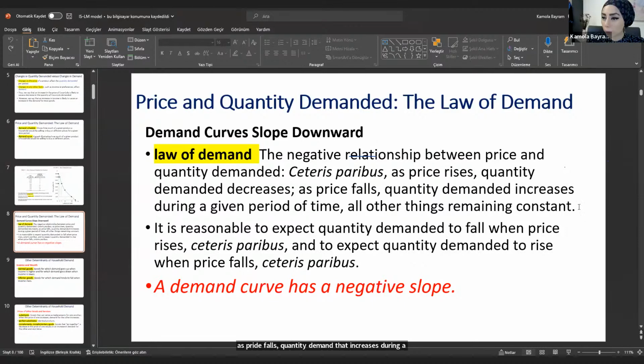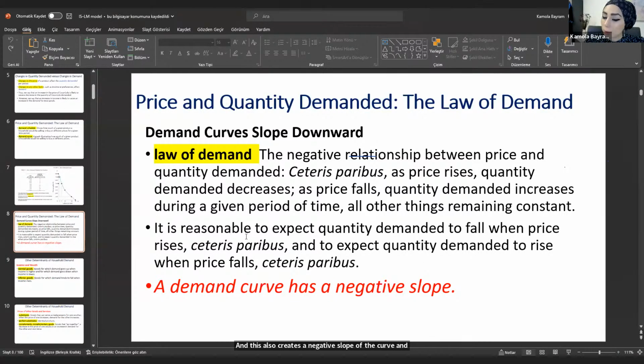So when we talk about the law of demand, this is what you have to know: the demand will increase when price is decreasing, and vice versa. And this also creates a negative slope of the curve. And this is the law of demand.